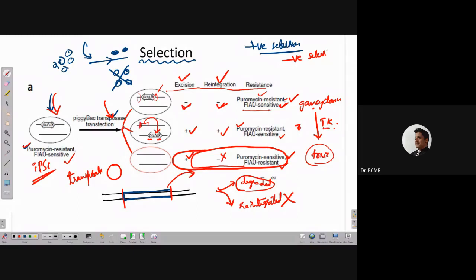In some cases, the excision may have happened, but reintegration might also have happened. In that case, they would be puromycin resistant and FIAU sensitive. Those cells in which the excision of the transposon happened and reintegration did not happen will become puromycin sensitive and FIAU resistant. Those are the cells we are going to work with.